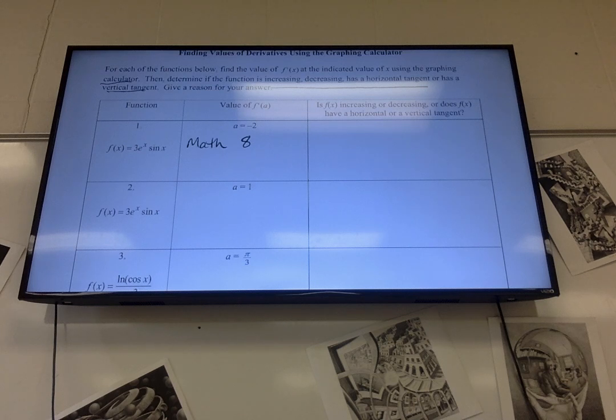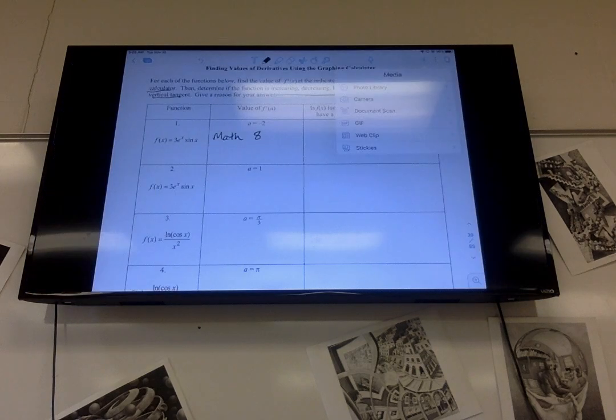And then sine x, close the parentheses after the x, make sure it's in the right mode. And we're plugging in negative 2. Can I click enter?